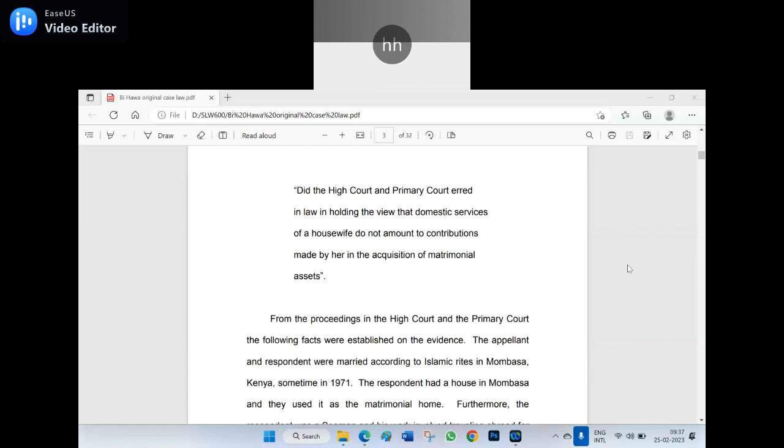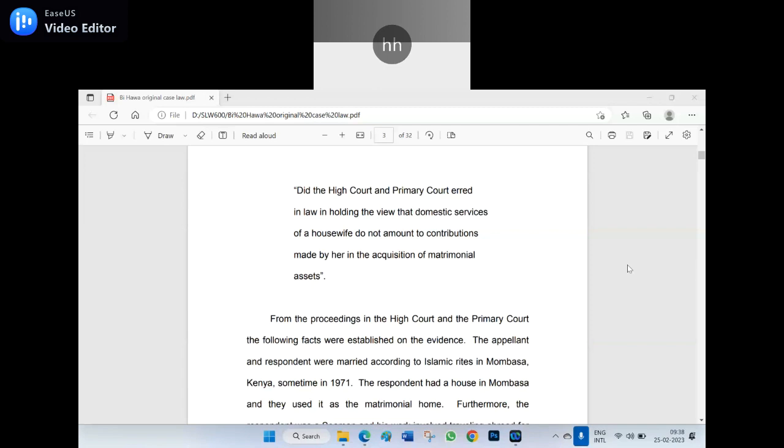But really speaking, domestic services will definitely count in the matrimonial assets. Because it is not so easy to take care of the children, the husband, brothers, sisters, mother, or relatives.